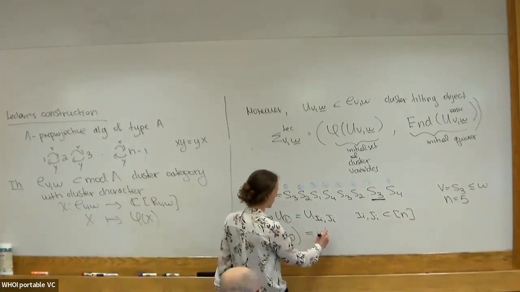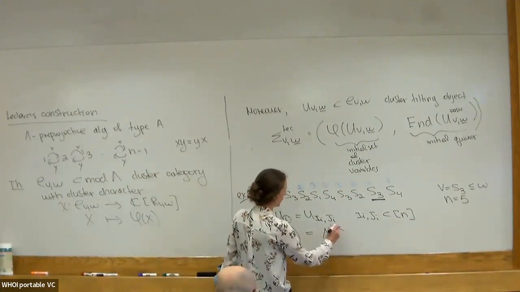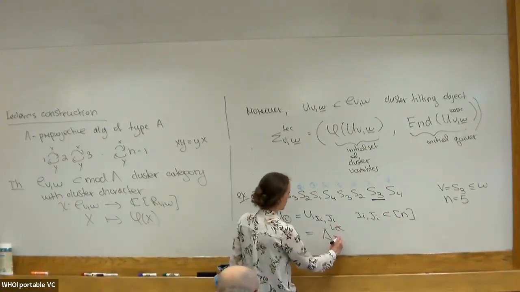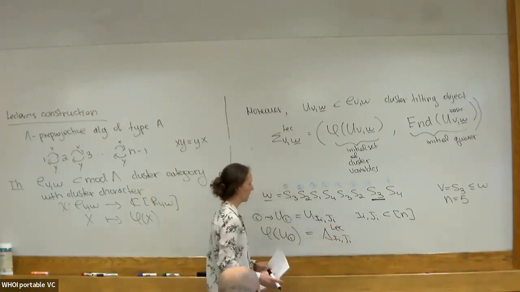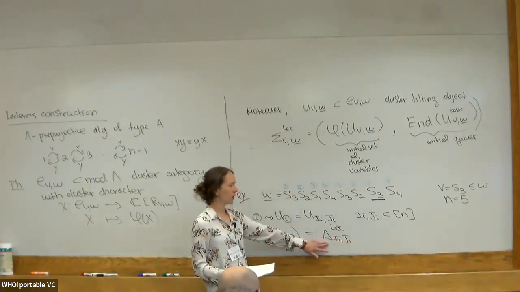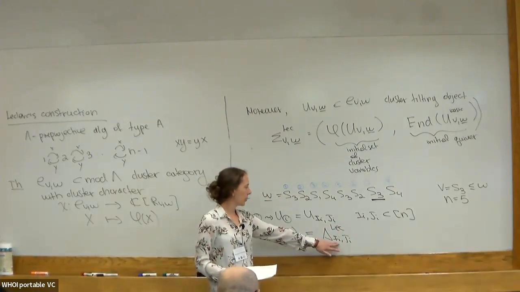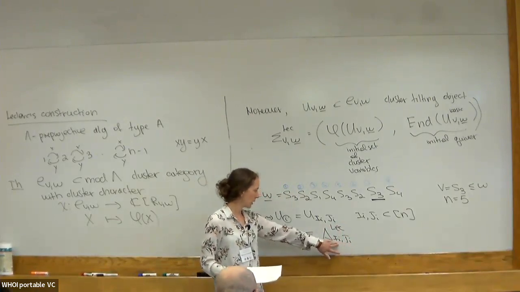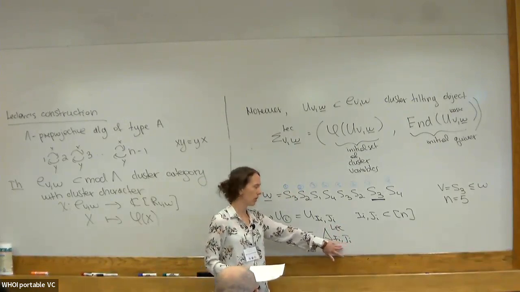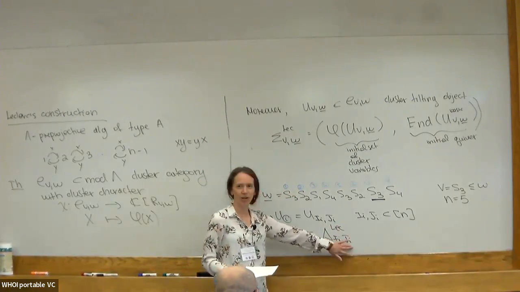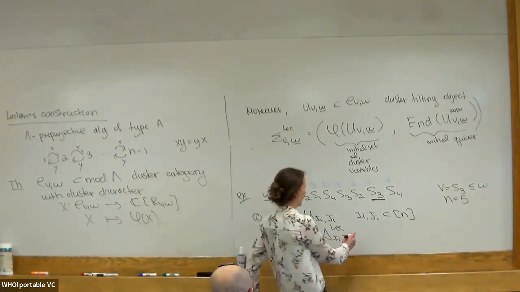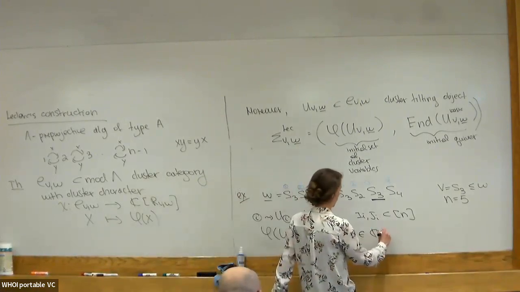It's just a minor: it takes a determinant with columns indexed by this set and rows indexed by that set. Okay, so it's a very nice function inside of the coordinate ring.